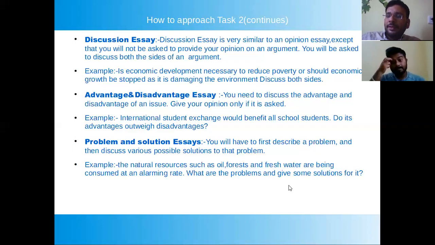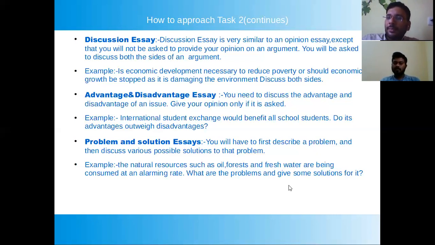OPEC countries have raised the oil price too much. We have already reached peak oil, wherein these countries may not be able to produce more oil. They've already attained their pinnacle. So obviously, these companies will have to look at alternate sources of energy like wind power, solar power.